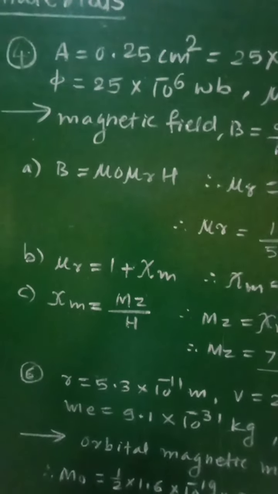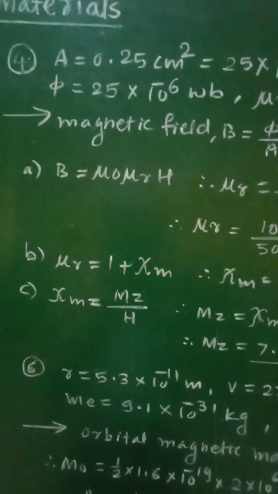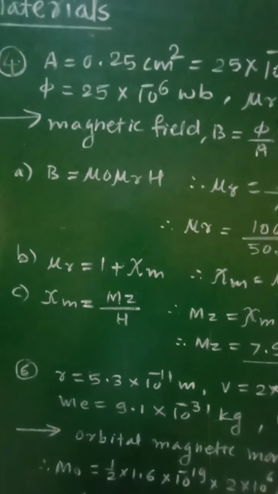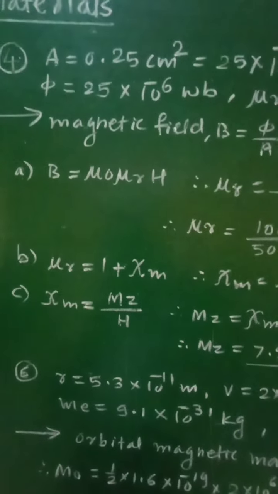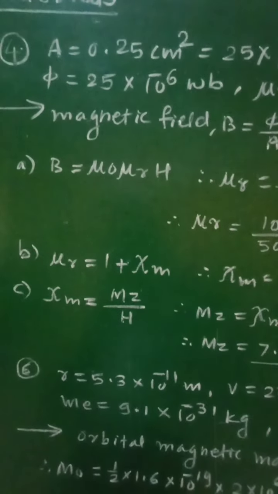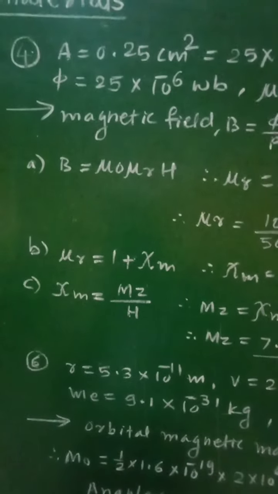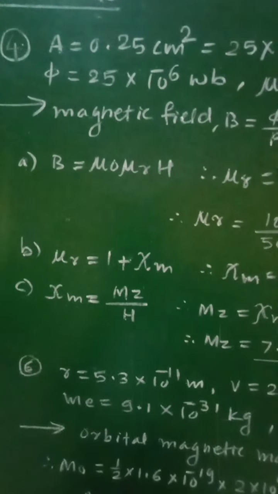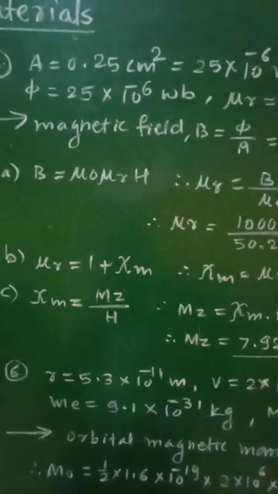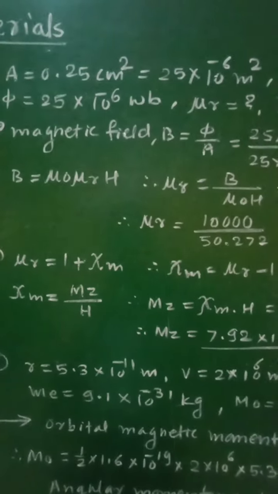Magnetic flux passing through the rod is 25 into 10 raised to minus 6 Weber. Find out A. Relative permeability, B. Magnetic susceptibility, and C. Magnetization of the rod.